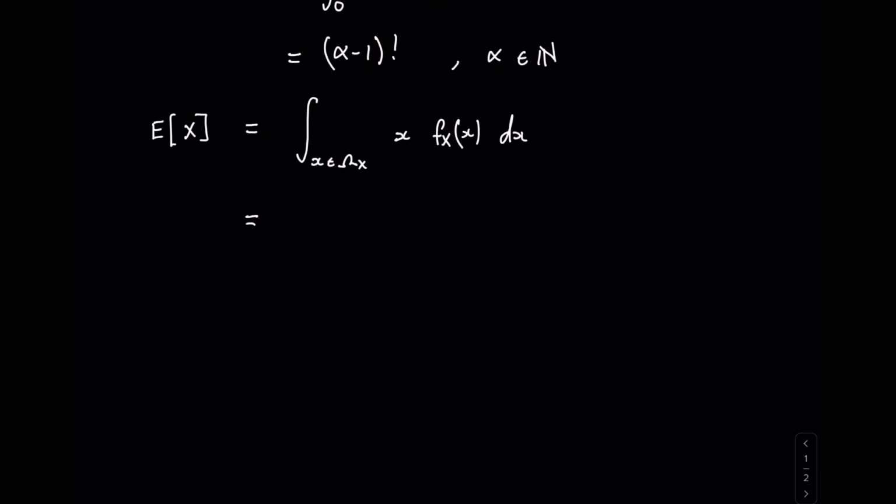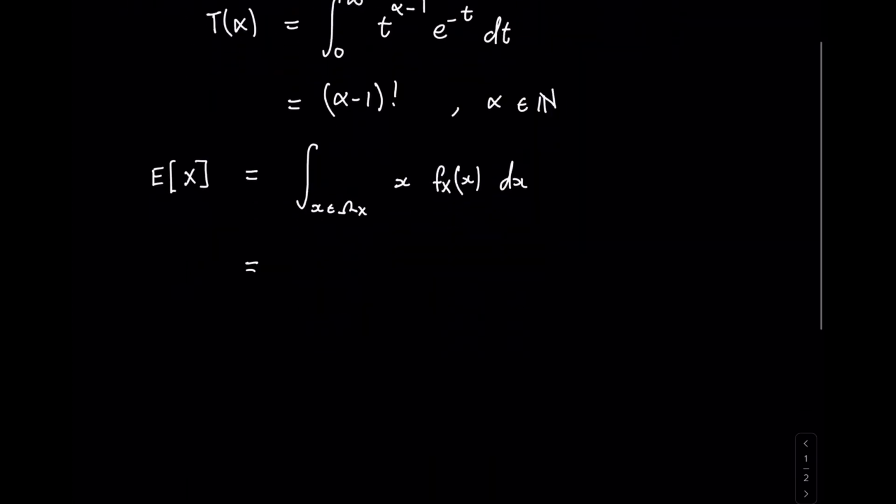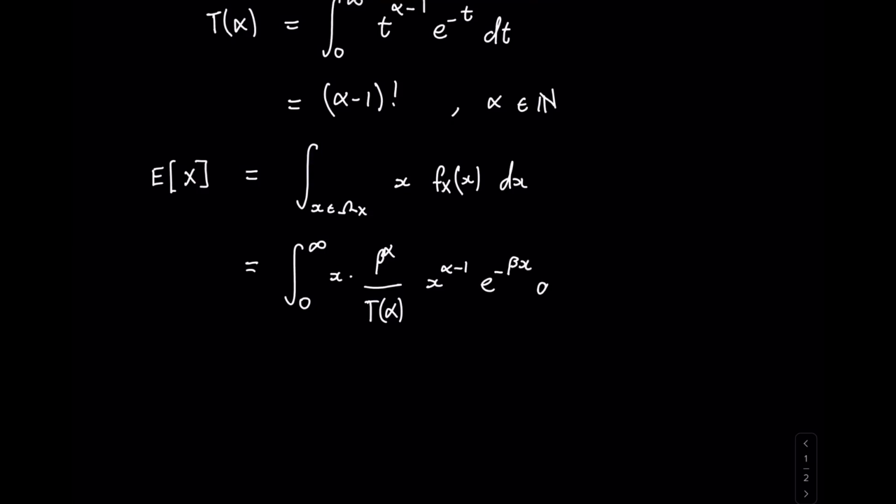We know from our PDF above that the support, or sample space, of x is x greater than 0. And so we can write our terminals as 0 to infinity. We've still got our x, and then we multiply by the function we had written above for the PDF.